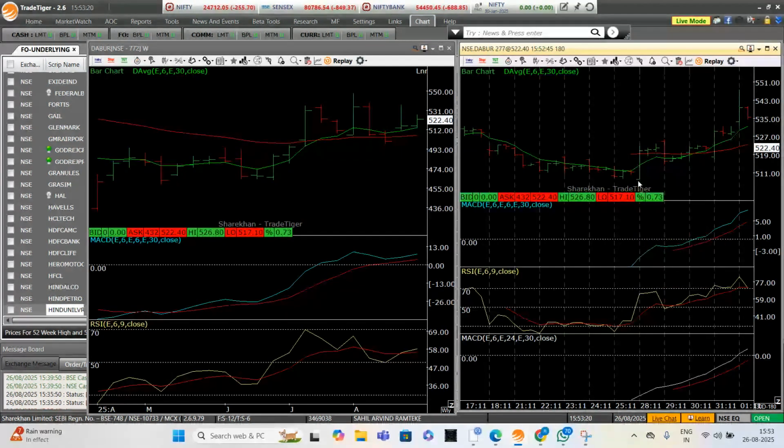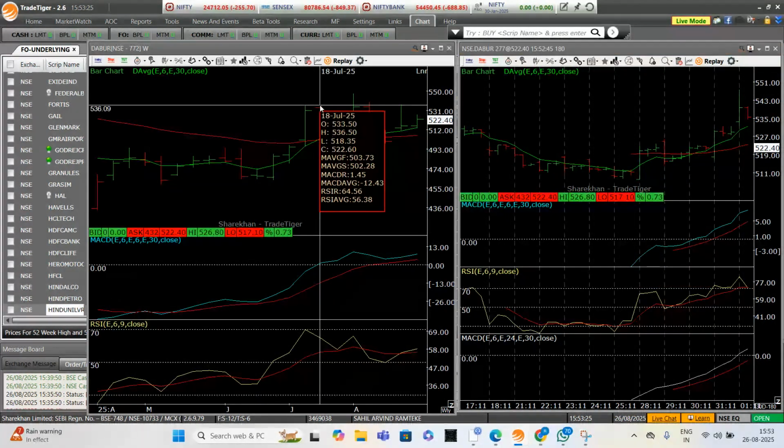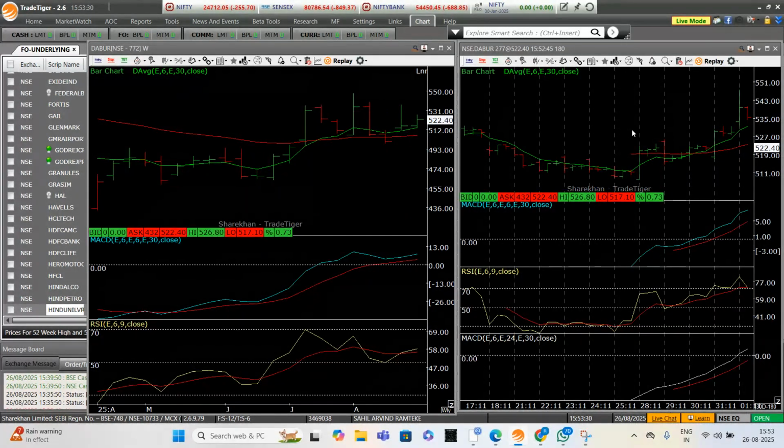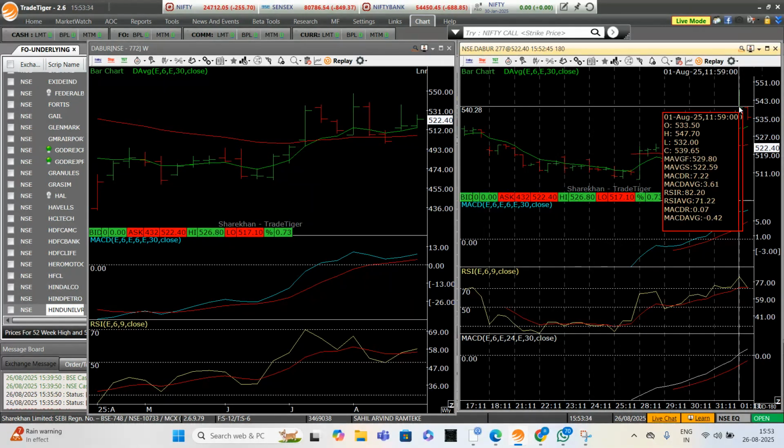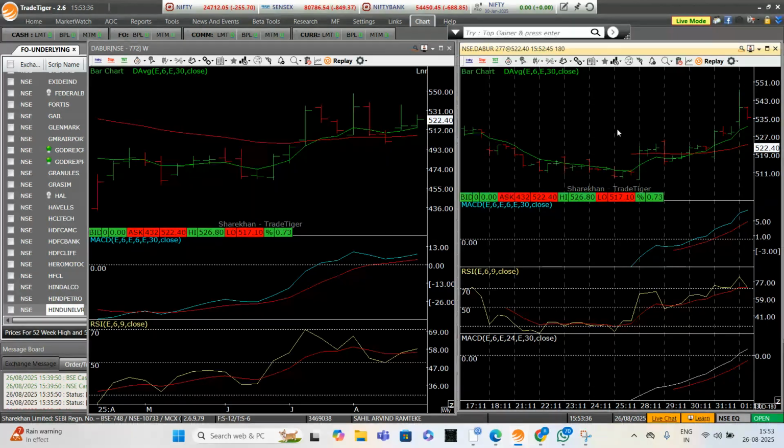You buy at, let's say, 514 or 515, right? And the previous high of the weekly is your target. So the high was 536, and here it has given a target over here, the 547, right? So likewise, we have to scan the things.